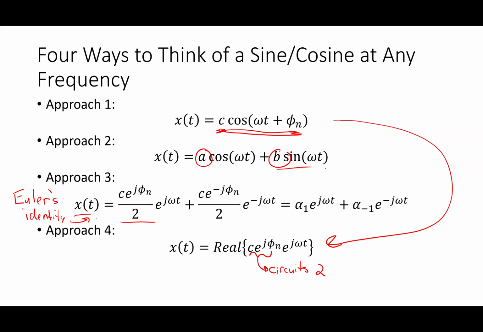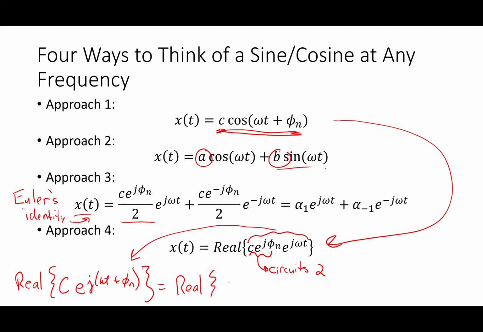This one here, again, if I used Euler's identity and I expanded C e to the j phi n, e to the j omega t, just to make sure we're on the same page, when I say expand that and take the real part, what would I do? How would I expand this using Euler's identity? The real part of C e to the j omega t plus phi n.